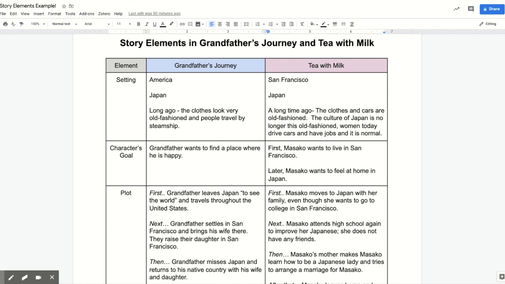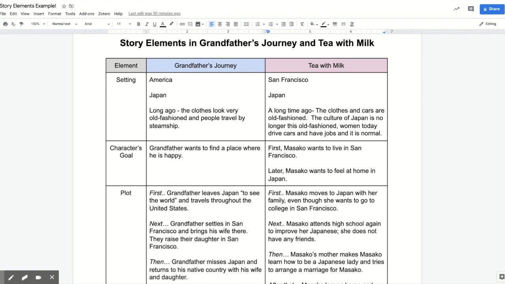So that'll tell me if you are really taking these lesson videos seriously, because I do not want you to just copy off my graphic organizer, okay? But I will be going through each one, and you'll notice that the comments that I made on your story elements throughout the classwork and throughout this time during distance learning will reflect what you see here on this graphic organizer. So yeah, let's get started.